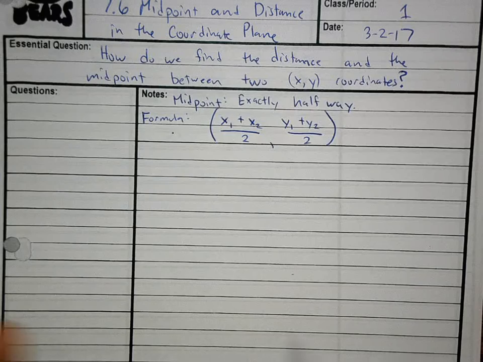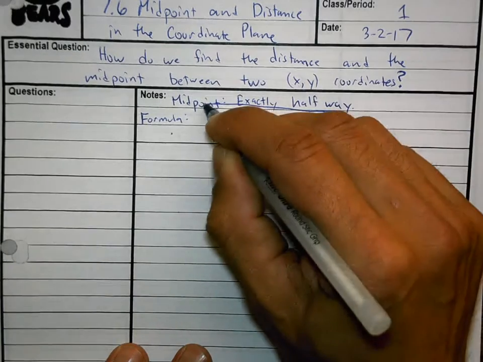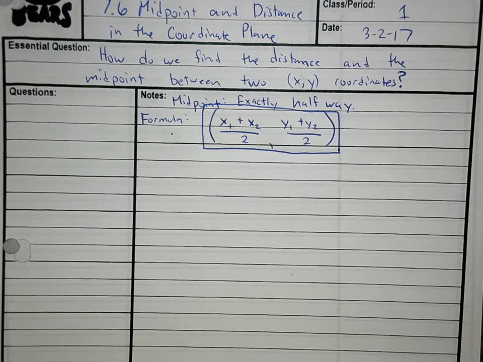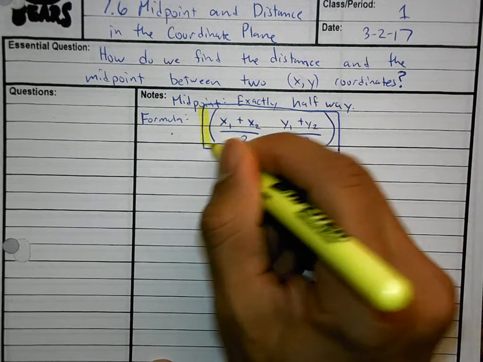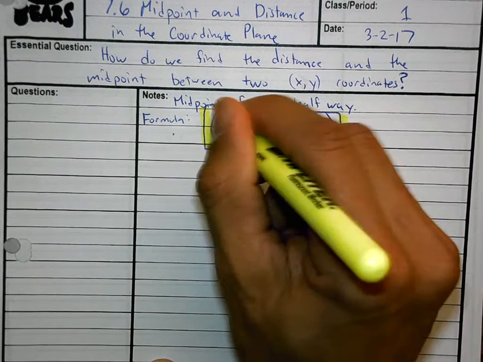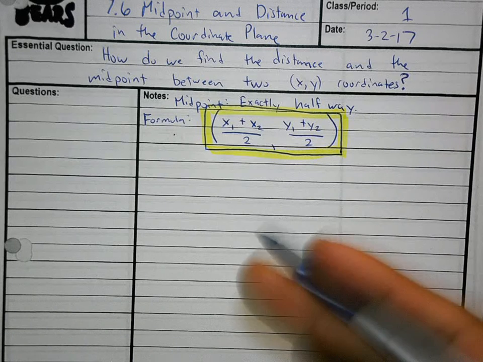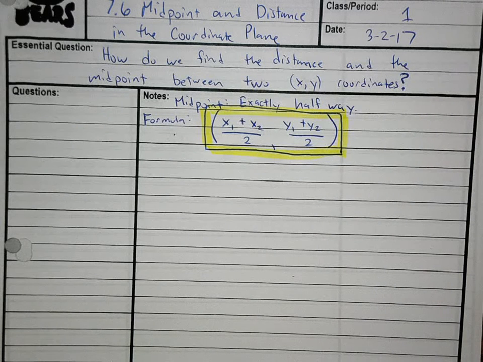I'm going to put a box around this. The reason I'm putting a box around it is I want it to be easily found. As a matter of fact, this is when you go back to highlight things like you are supposed to be doing. This is one that you highlight because it's a main idea of this section. How do we find the distance and the midpoint between two xy coordinates? This is how we're going to do it.